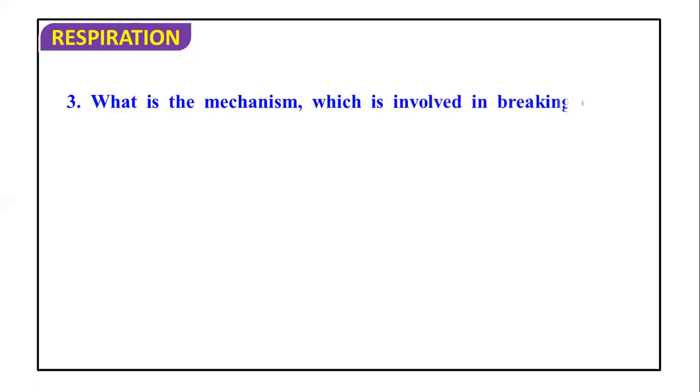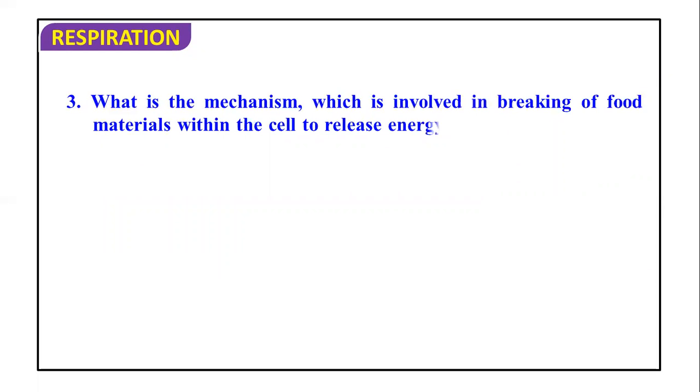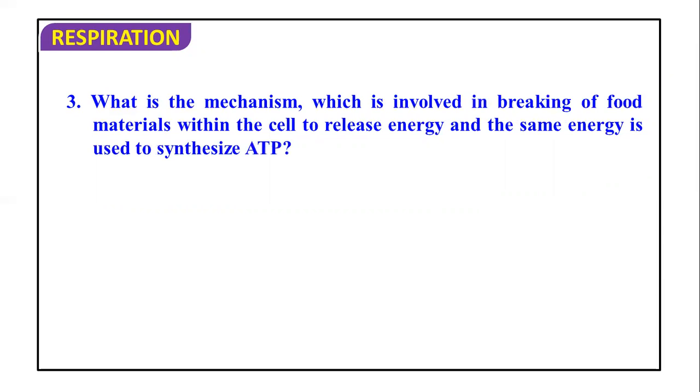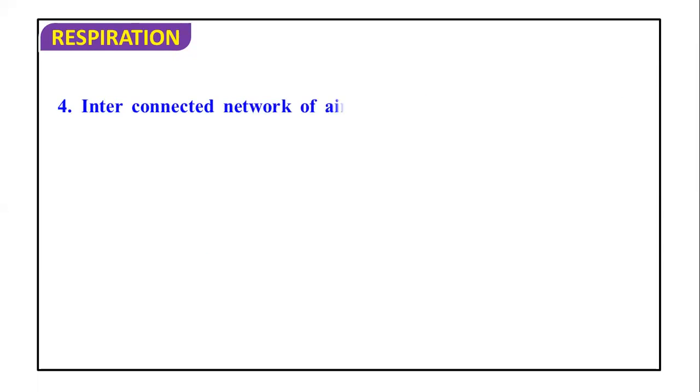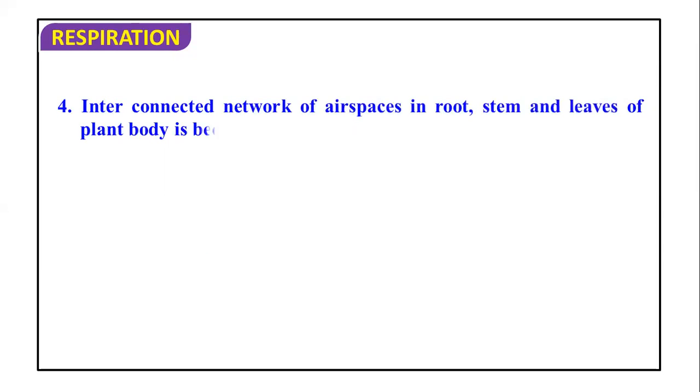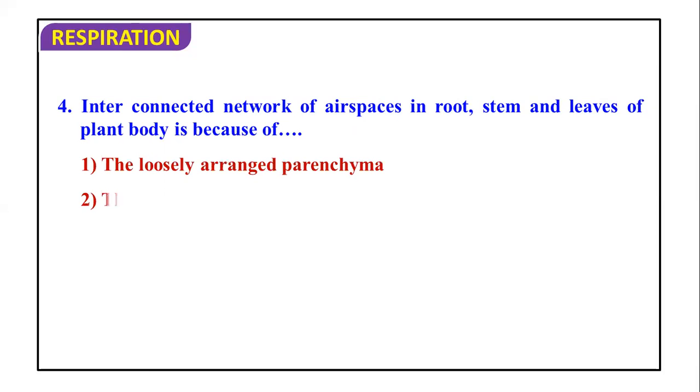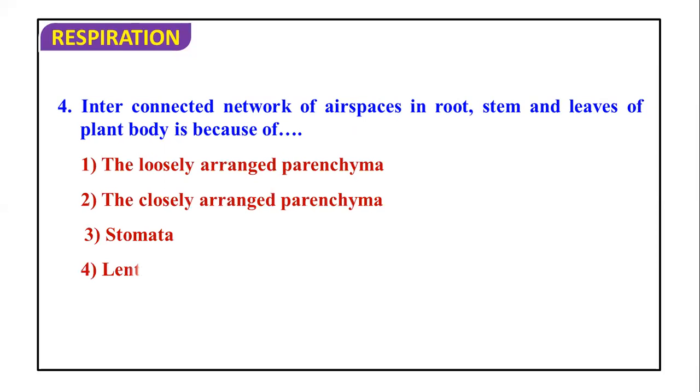What is the mechanism involved in breaking food material within the cell to release energy, where some energy is used for the synthesis of ATP? That is cellular respiration, in which a breakdown of food takes place and ultimately energy is released and stored in the synthesis of ATP. The interconnected network of air spaces in the root, stem and leaves of the plant body is because of the loosely arranged parenchyma cells.